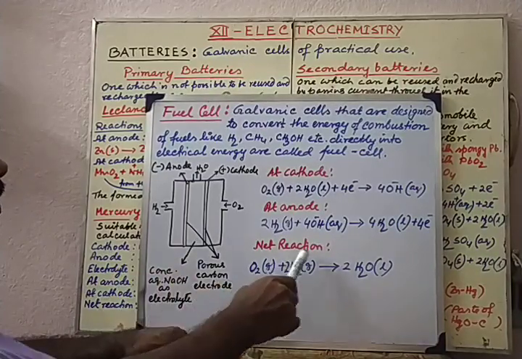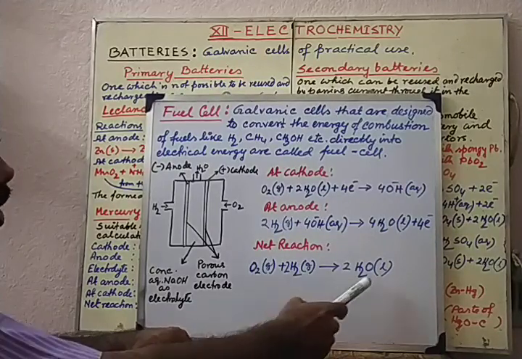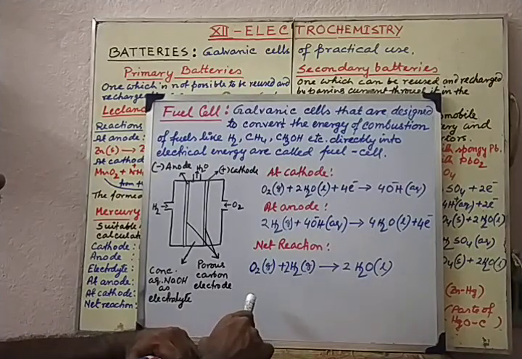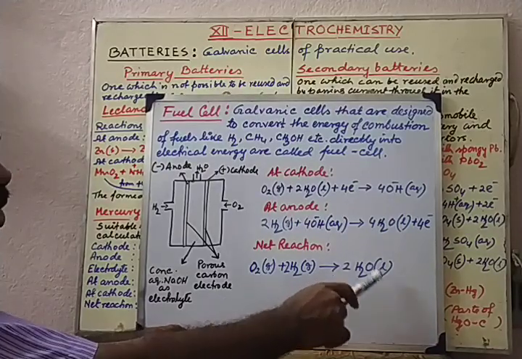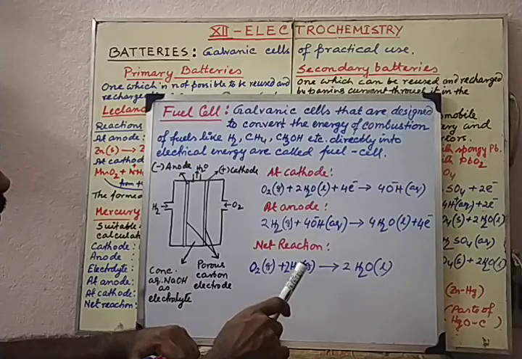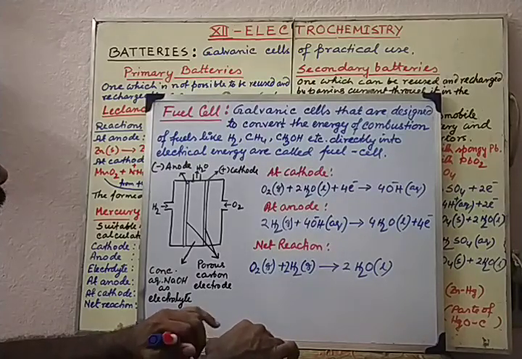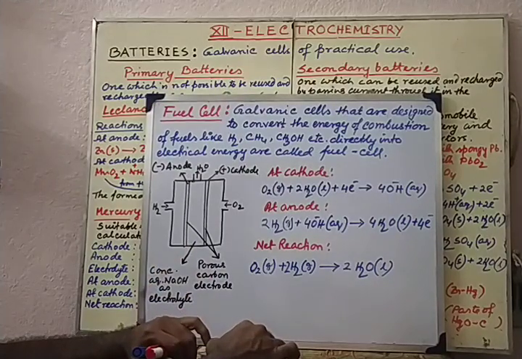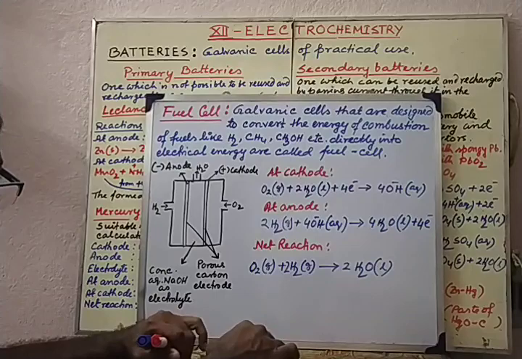So the overall reaction looks like oxygen and hydrogen combining to form water, and during this reaction current is produced. Since the product is water, it is a completely pollution free process. That's why the hydrogen oxygen fuel cell has great applications.